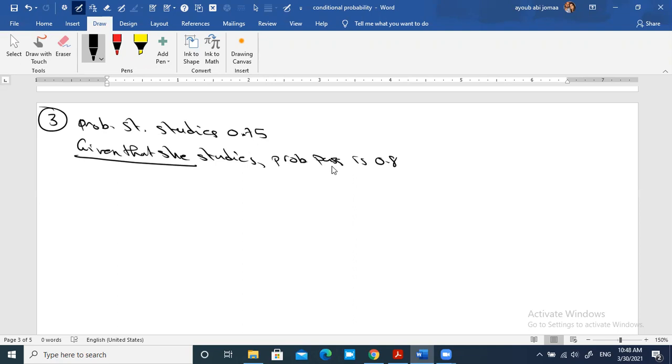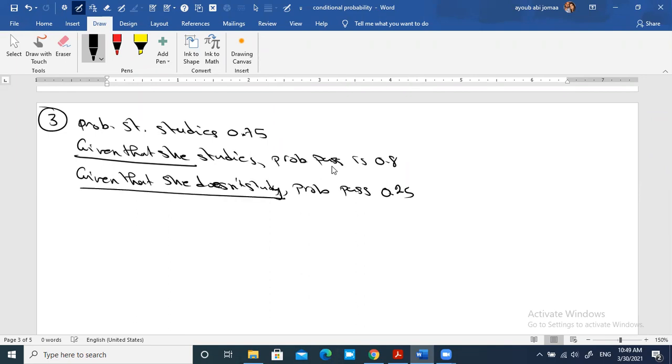Okay. Moreover, given that she doesn't study, if she doesn't study, the probability that she will pass the exam is 0.25.